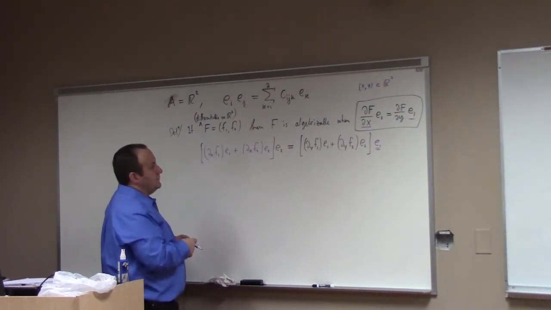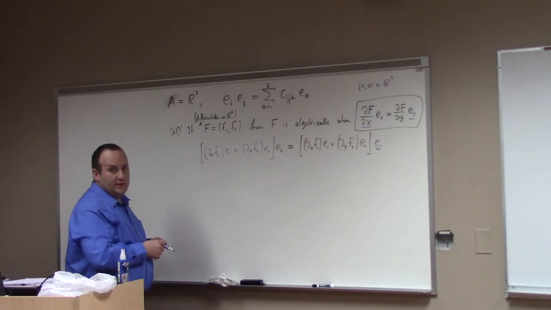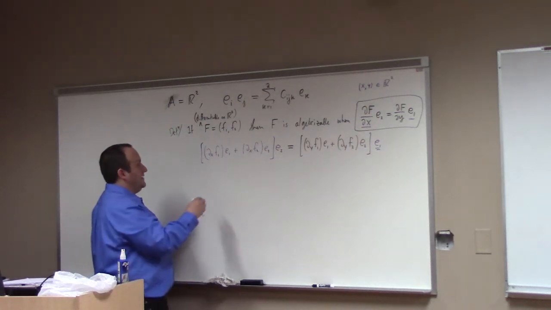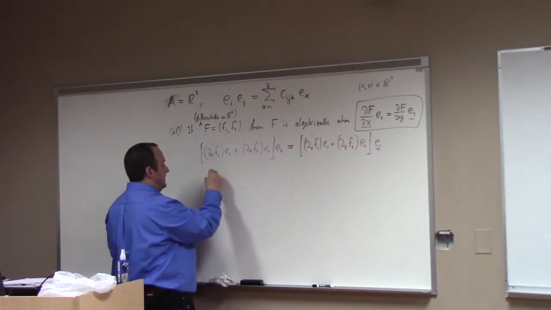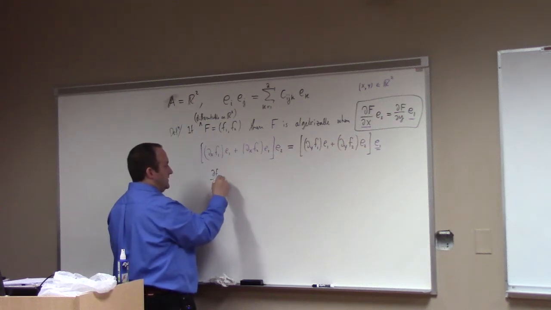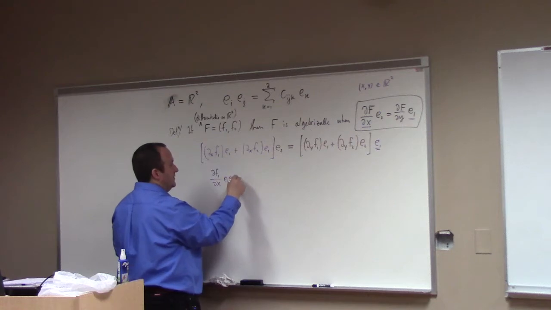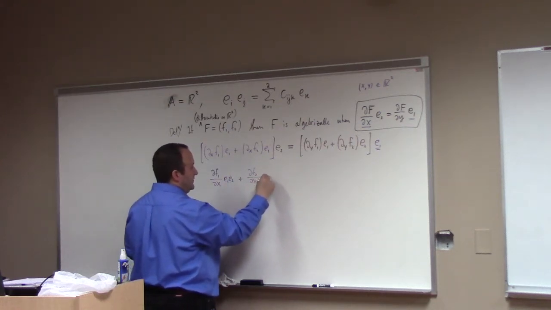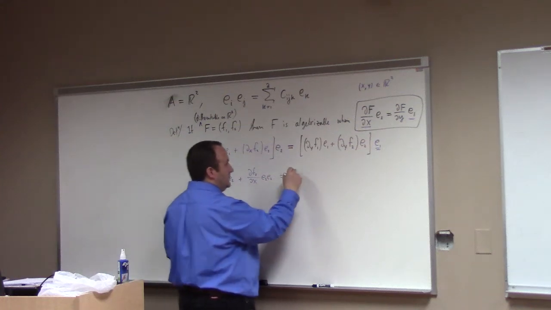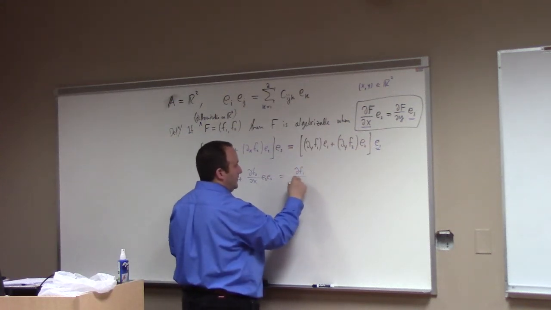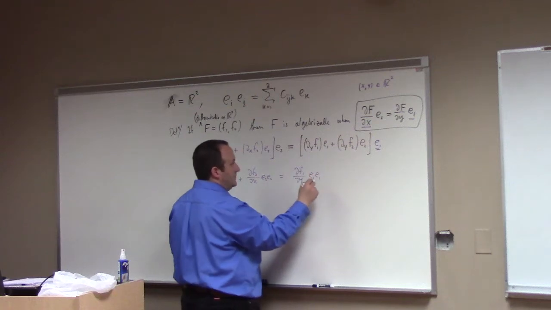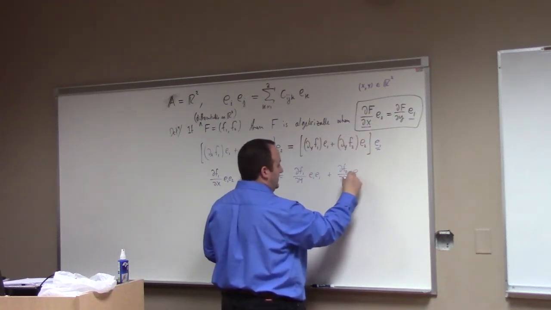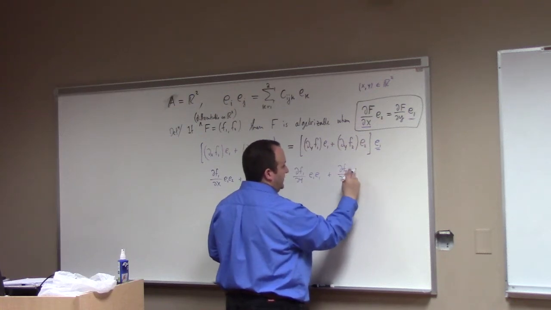Now, what can we do here? We can multiply out, right? So what we've got is partial F1 partial x e1e2, plus partial F2 partial x e2e2, equals partial F1 partial y e1e1, plus partial F2 partial y e2e1. And here's where I fess up: commutative.